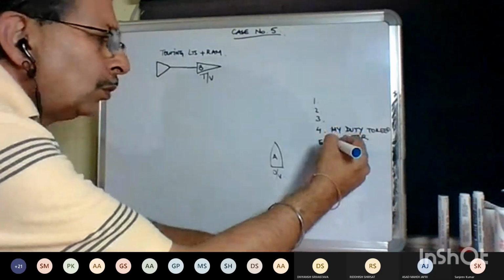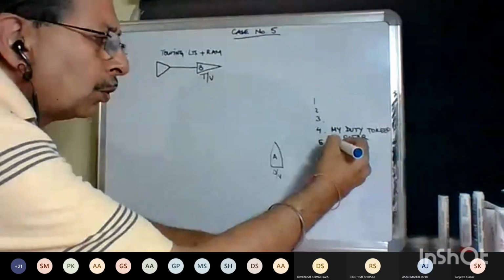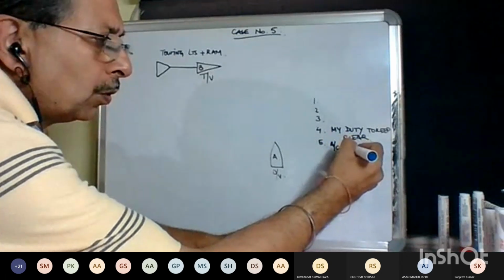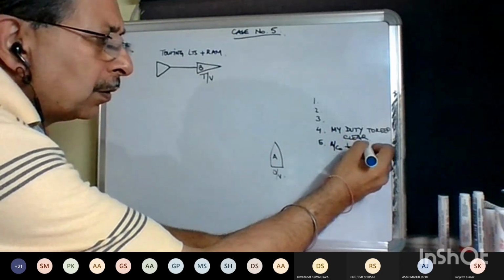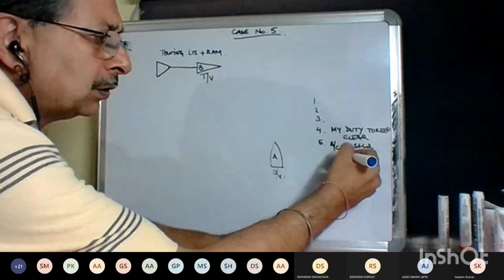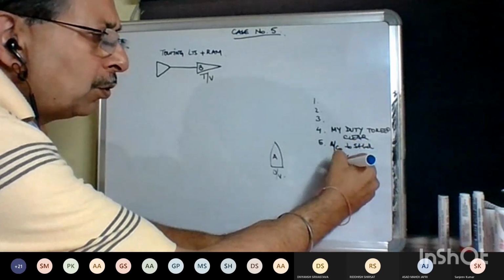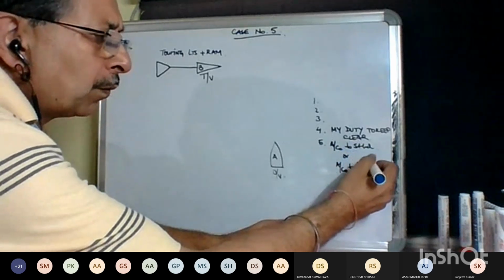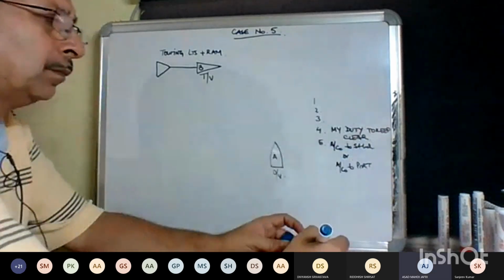So, alter course to starboard by giving one short blast, or alter course to port also. You can, yes or no? Yes, sir.